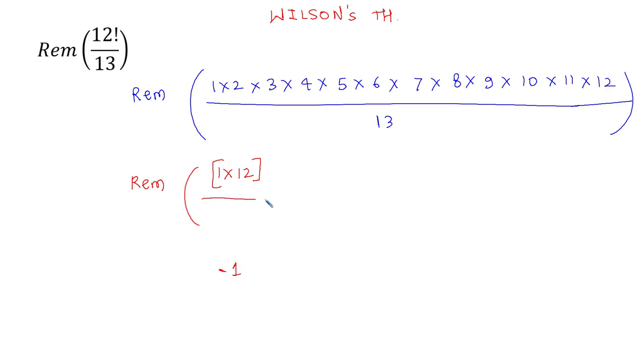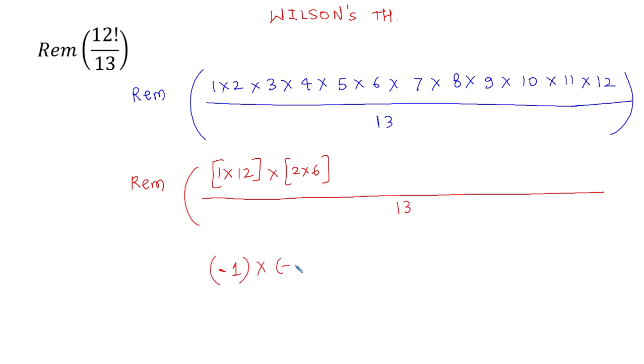Now the second pair is 2 into 6, which is 12. If we divide 12 by 13, again the remainder is minus 1. Then the next pair is 3 into 4, which is 12. If we divide 12 by 13, the remainder is again minus 1.